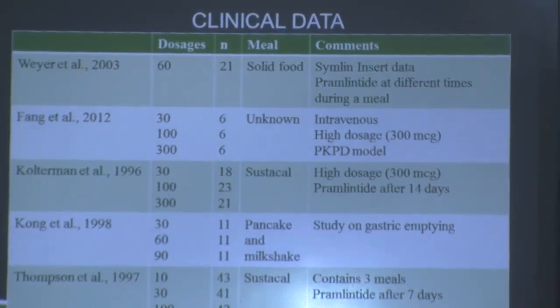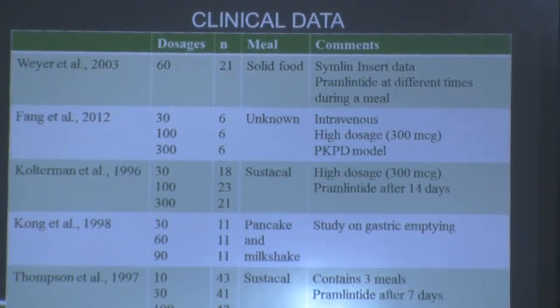Coltman was a study of pramlintide after 14 days of use, and it also contained a high dosage of 300 micrograms. Con was a study done on gastric emptying using pramlintide, and Thompson is a study of pramlintide over 7 days, and also contains 3 meals, which is quite important to see how pramlintide affects the system during the entire day.